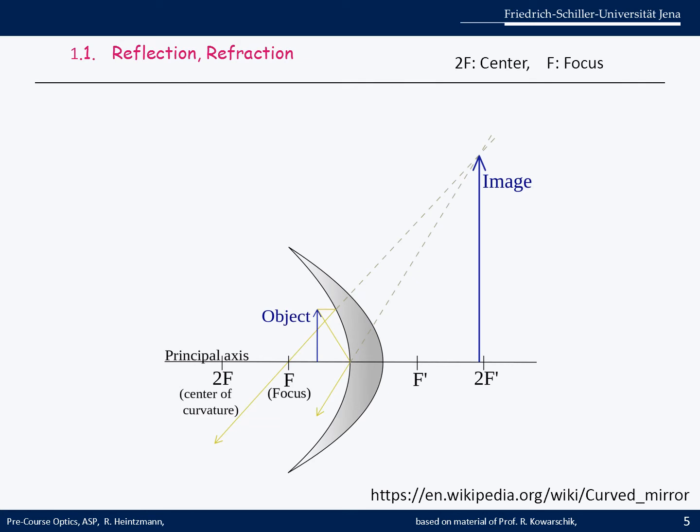So, how about curved mirrors now? What this indicates is a curved reflective surface. So in this case, a concave mirror. So now we have an object somewhere, and we are looking where an image will be formed.